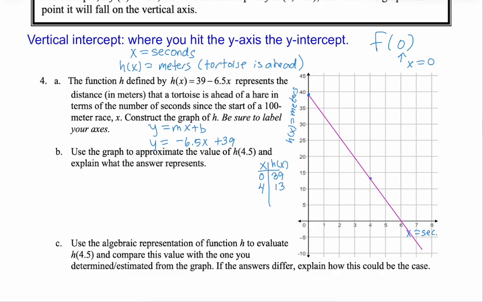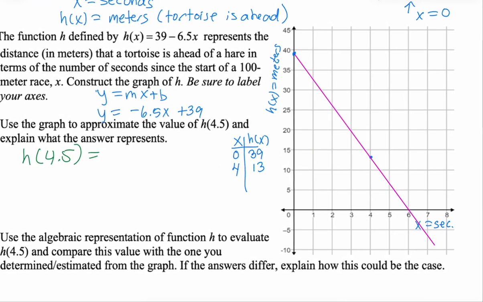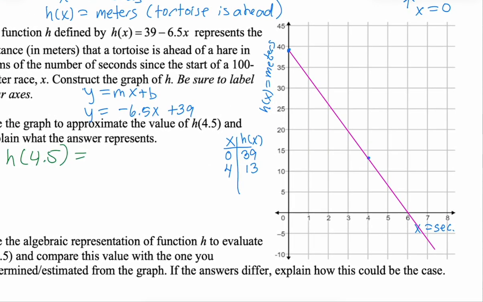Now it says to use the graph to approximate the value of h at 4.5. So let's go ahead and do that, h of 4.5. So if you go over to the graph, find 4.5, and let's figure out what that point is. Can anybody share with me on your graph, on my graph? Now, your graph and my graph, we're guesstimating where those points are, so they should be close.